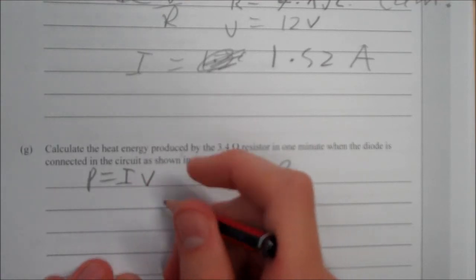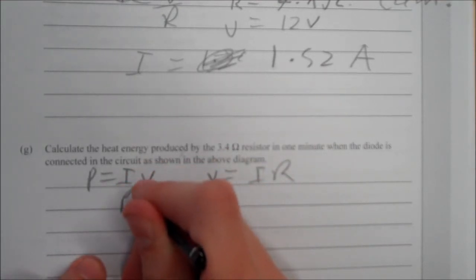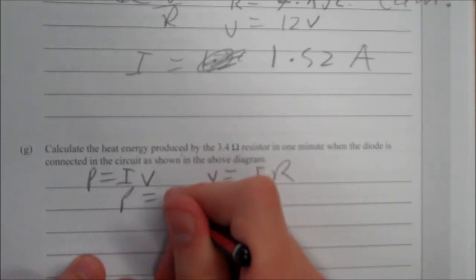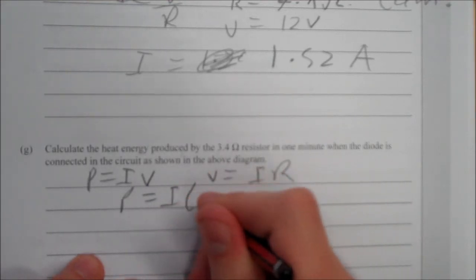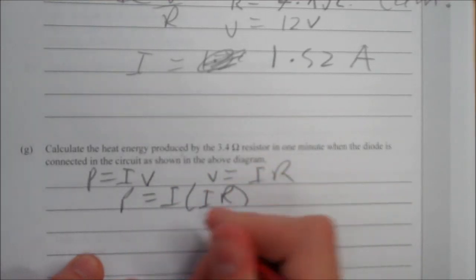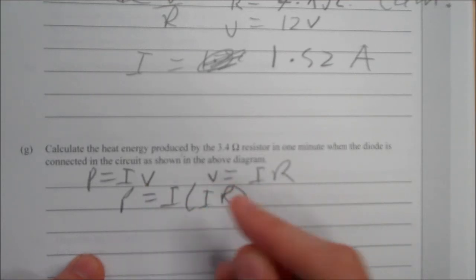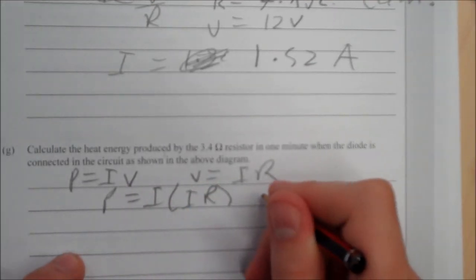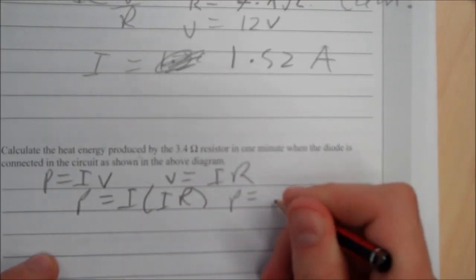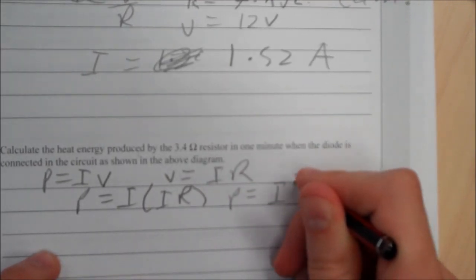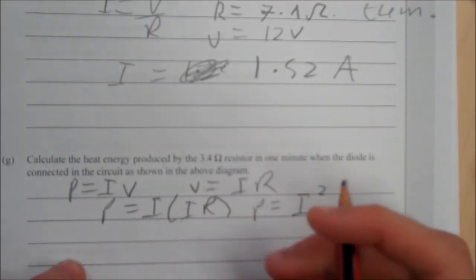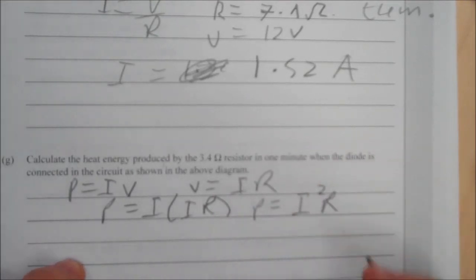So we can just swap this out, and this is a pretty common rearrangement. You should have to do this in a lot of the exam questions. So if we have I times IR instead, when we substitute the IR for the V, then P is going to be equal to I squared R.